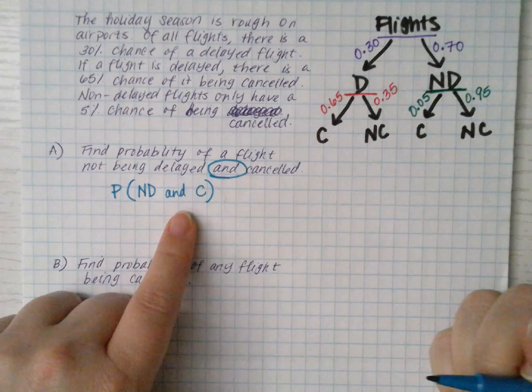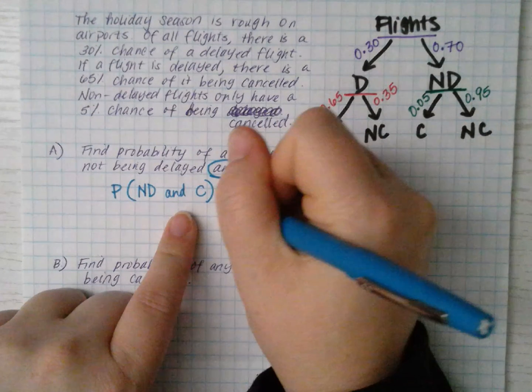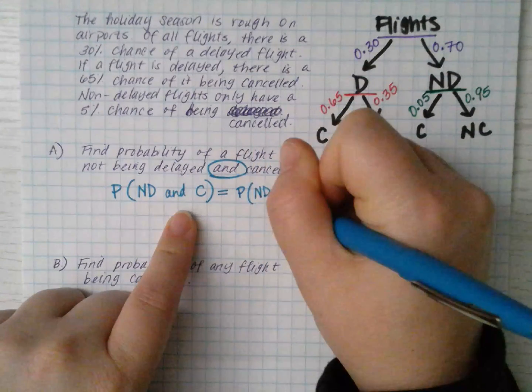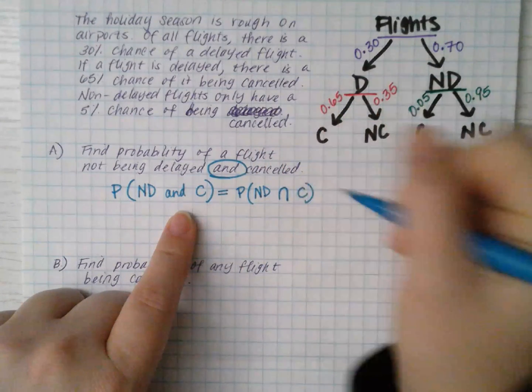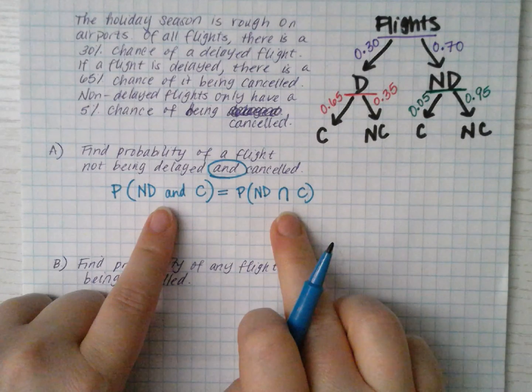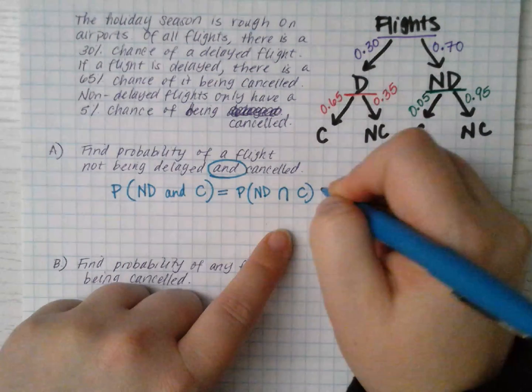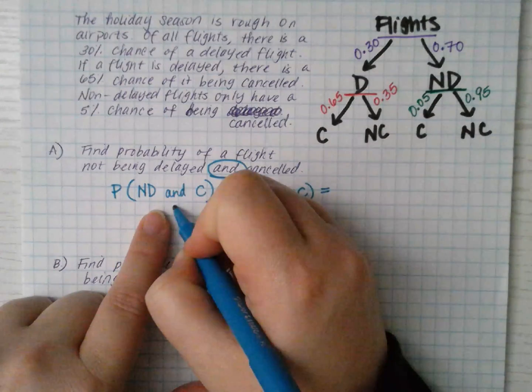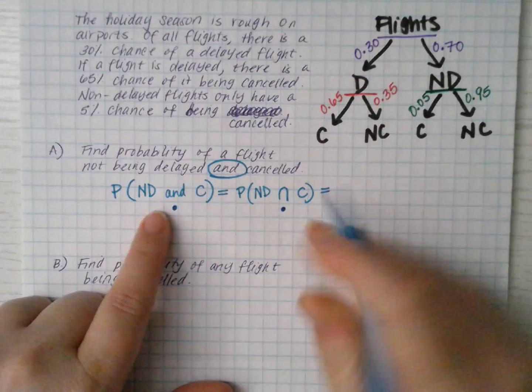Now I'm just also going to point out another way you could see this is using the notation not delayed and canceled. Both notations are exactly the same. And if I were to do this, that means I want multiplication. "And" means the multiplication property.